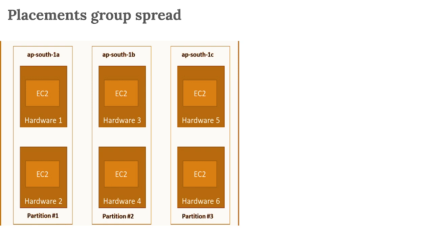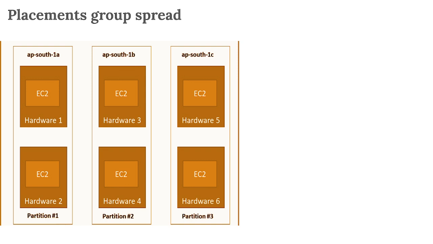When we ask for a spread placement group, all the EC2 instances are going to be located on different hardware. As you can see here, we have 3 availability zones and we have 6 EC2 instances in total, 2 EC2 instances per AZ.